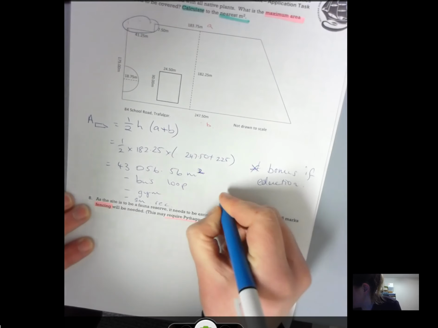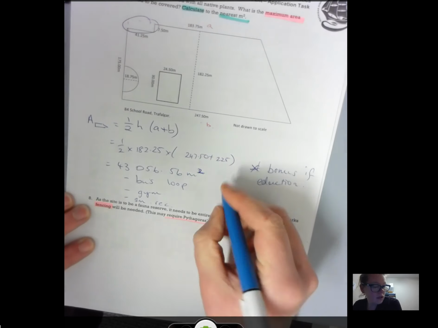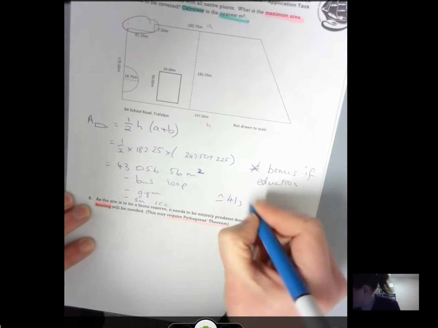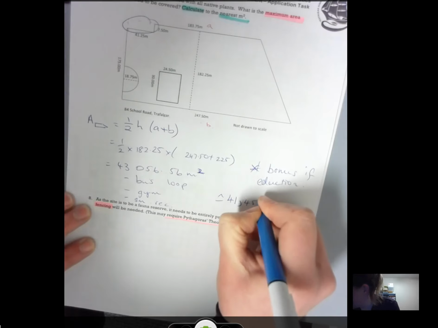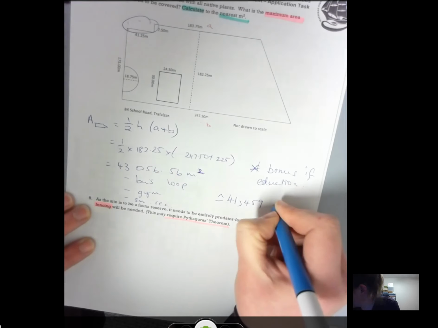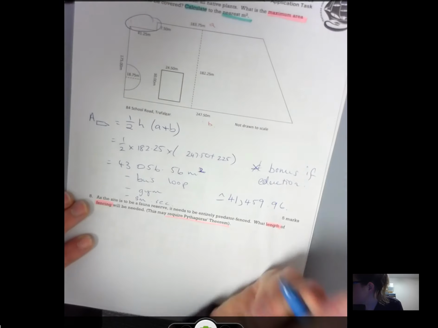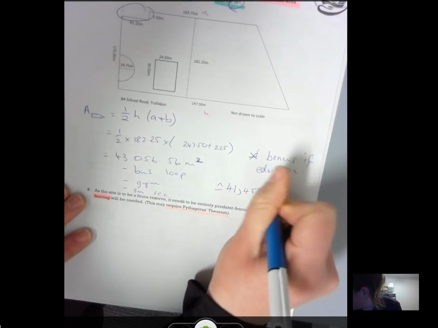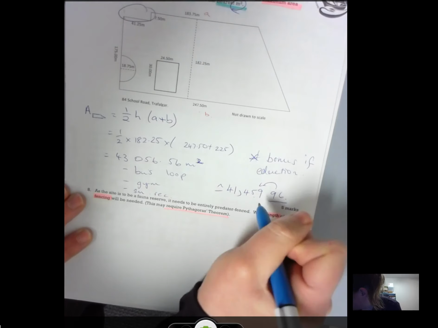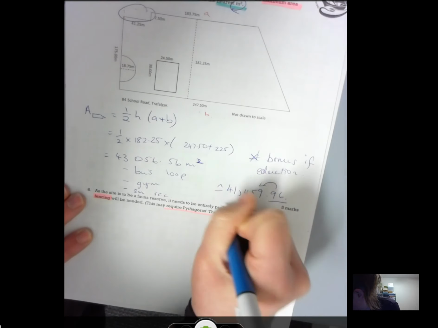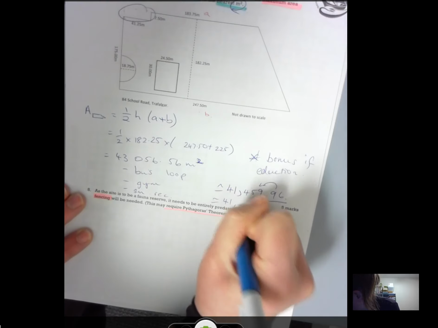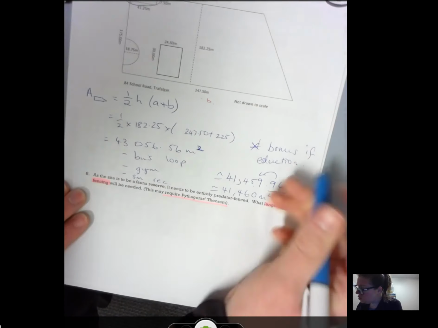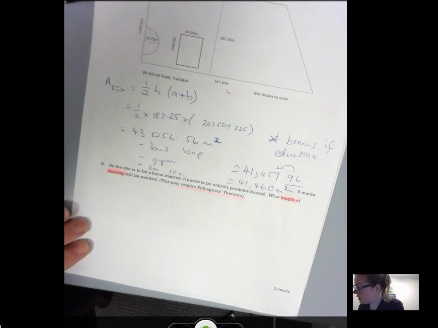Your final answer should have been approximately 41,499.6 to the nearest meter. In order to get that full mark, this would need to round up, so it actually becomes 41,500. That would be the area that you needed to plant out.